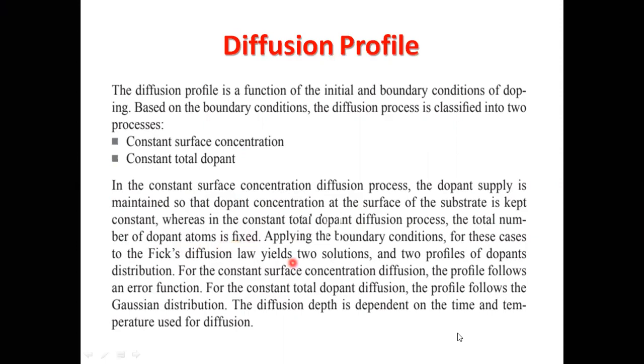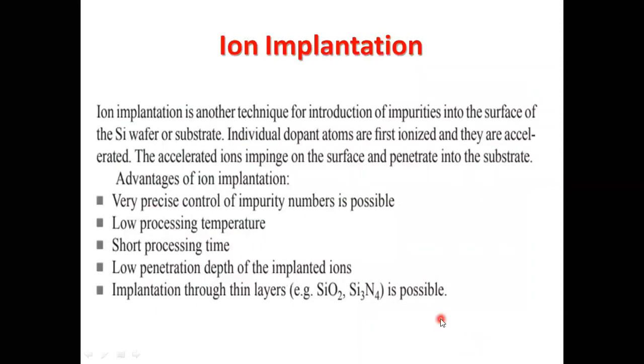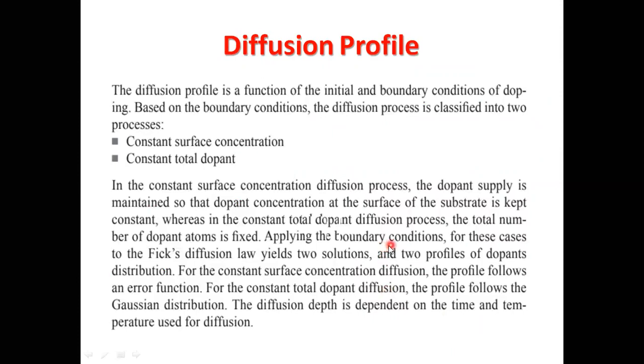Applying the boundary conditions for these cases to Fick's diffusion law yields two solutions and two profiles of the dopant distribution. For the constant total dopant diffusion, the profile follows the Gaussian distribution.